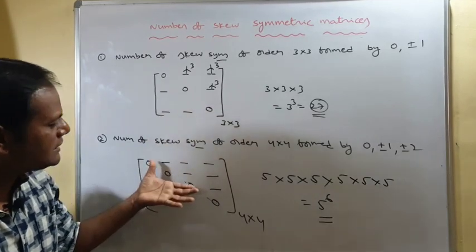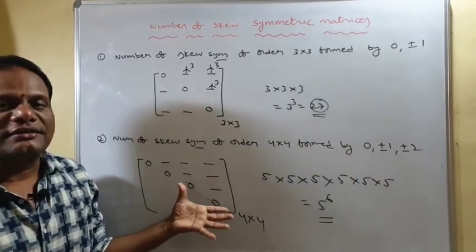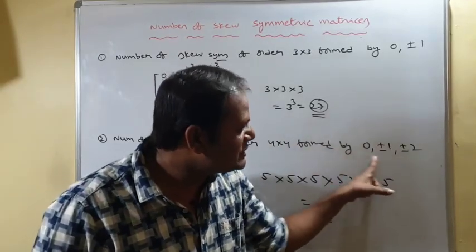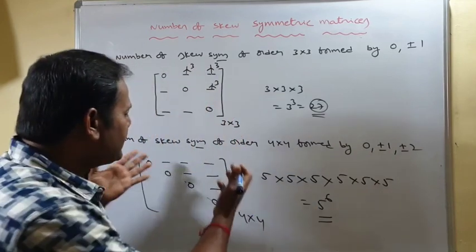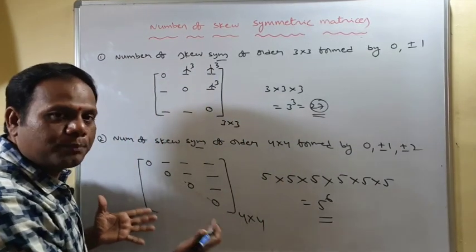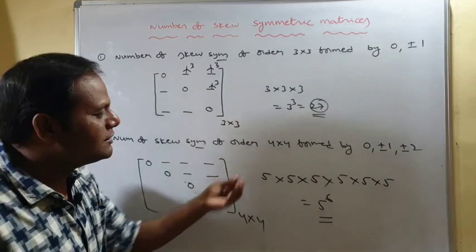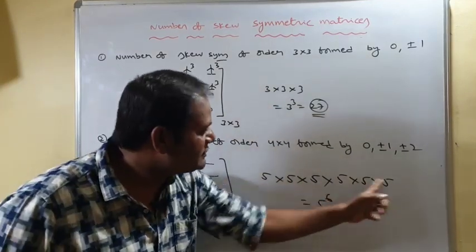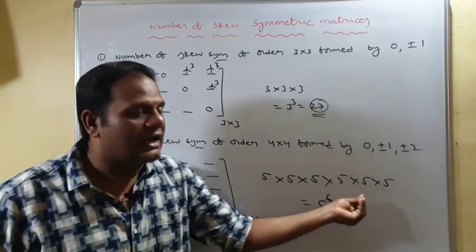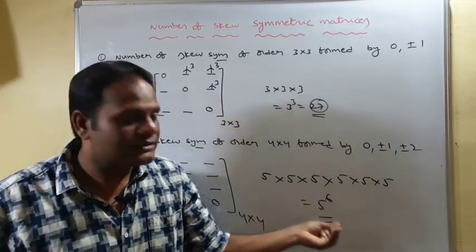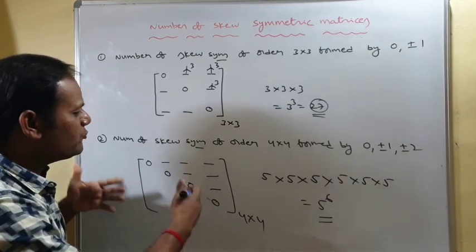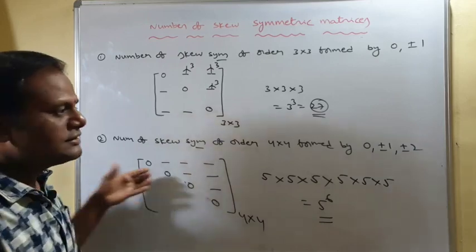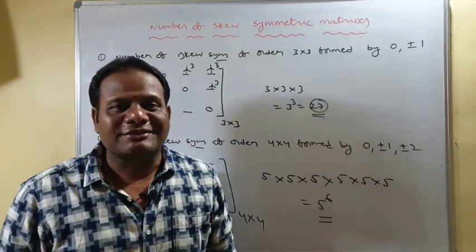How many gaps are there? 6 gaps are there. Each gap can be filled by using these 5 elements. So by using the fundamental principle, the product rule from permutations, we get 5 into 5 into so on into 5, totally 6 places. So the answer is 5 power 6. So we can form 5 power 6 4 cross 4 skew symmetric matrices using the given elements.